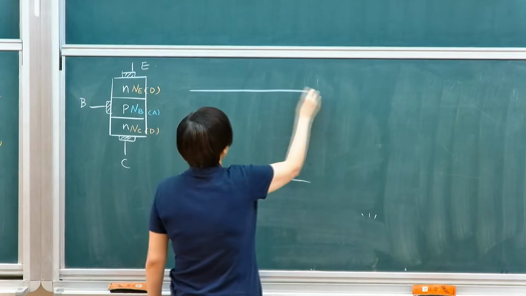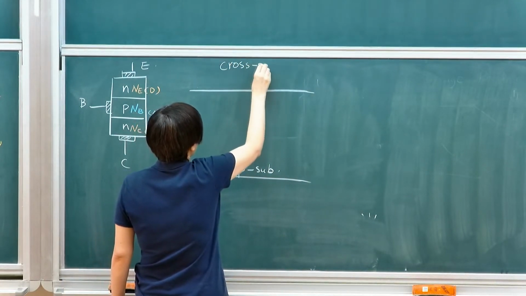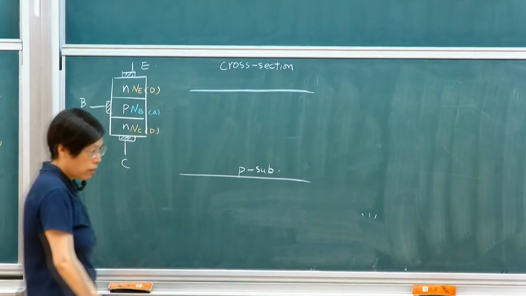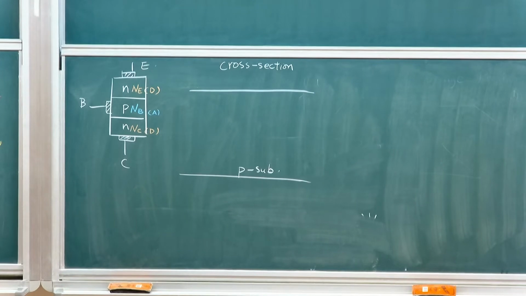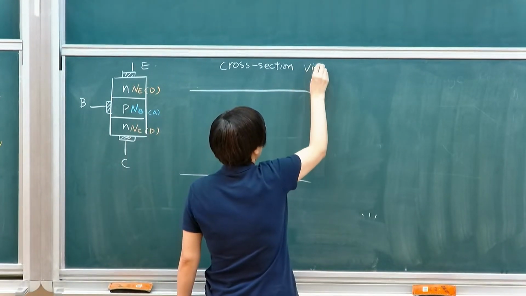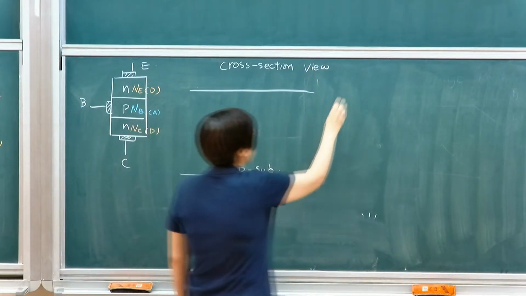You actually see two views if you want to see a device. This is the cross section, meaning that if you cut along the transistor, you get the cross-sectional view. And then there's the top view.